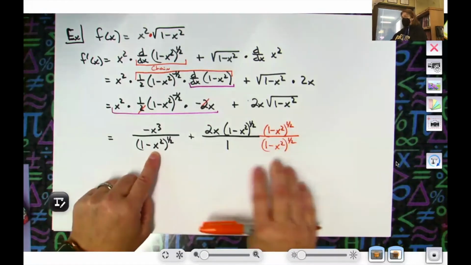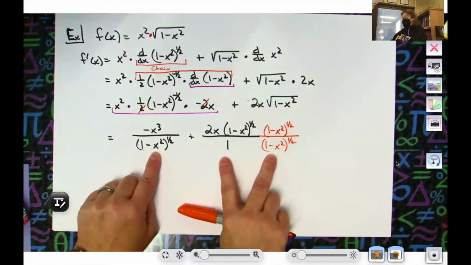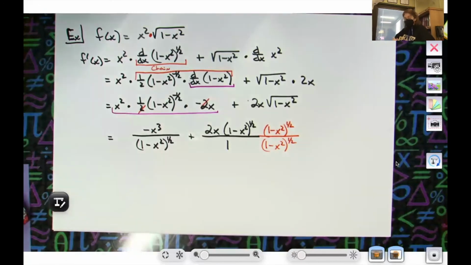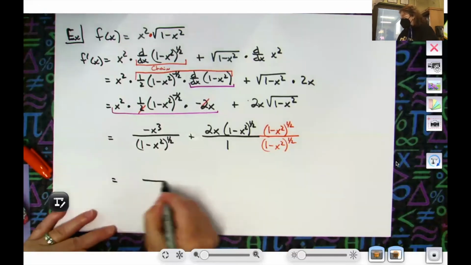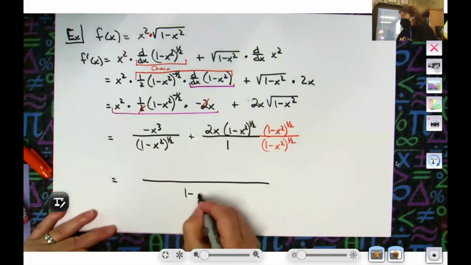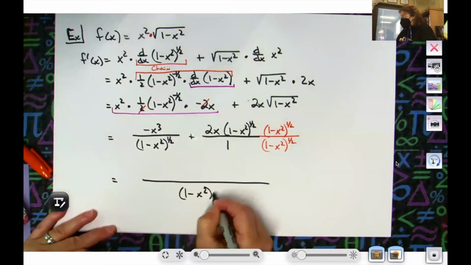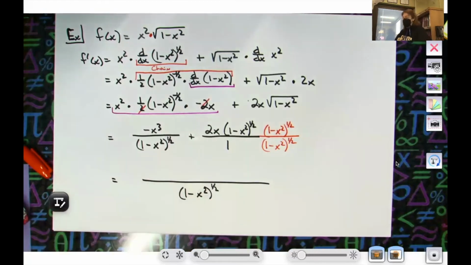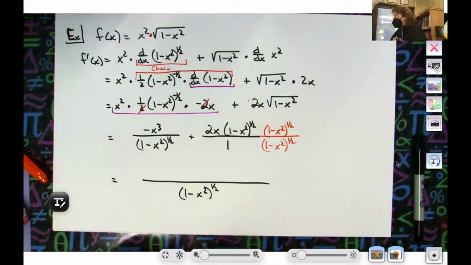That's going to get me common denominators. On my next line, since I know that's my denominator, I'm going to write it once. So 1 minus x squared to the 1/2 power. I'm going to leave it 1/2 power for right now because I don't know what I'm going to do with it. Now, take a look at this.